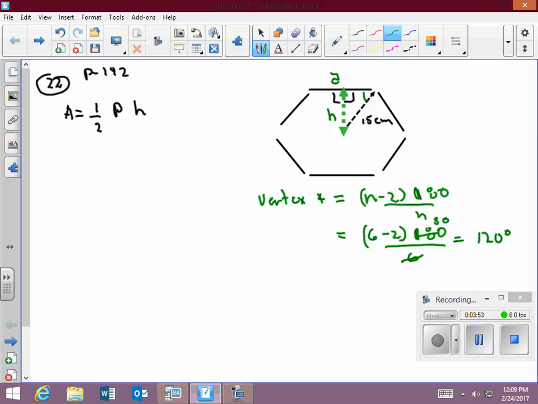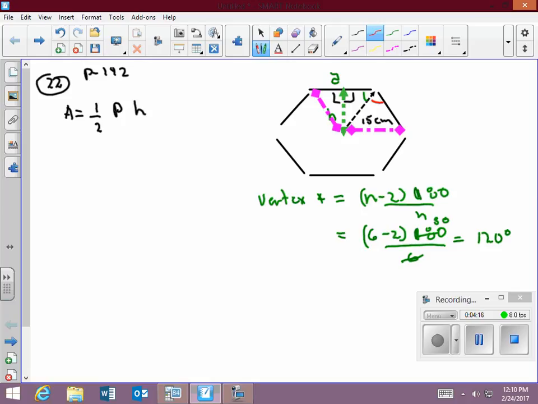Now, if you look at this angle right here, it is the same size as that one that's in green. In other words, that bisects that.